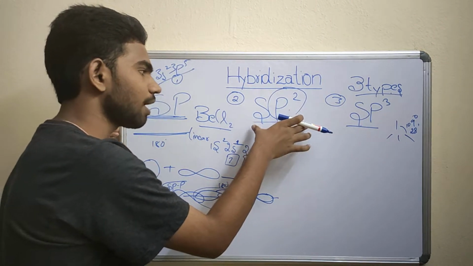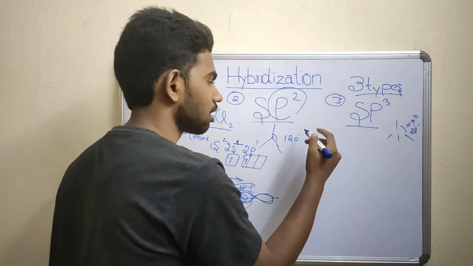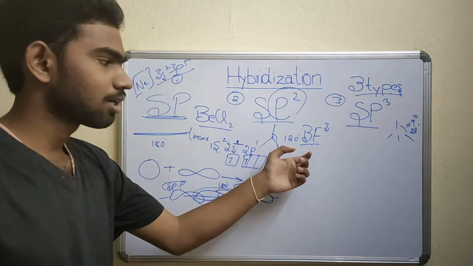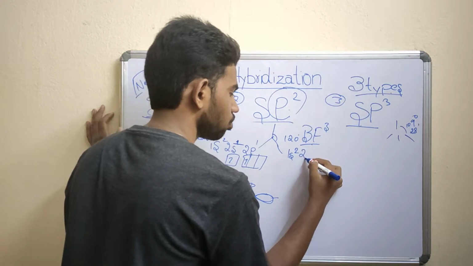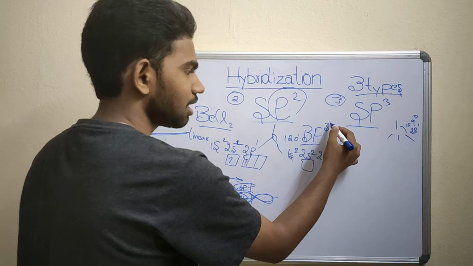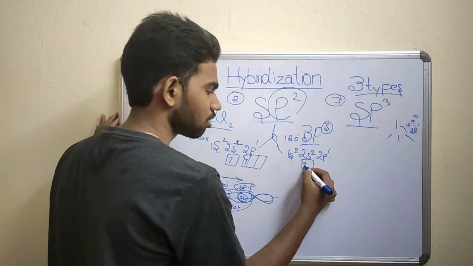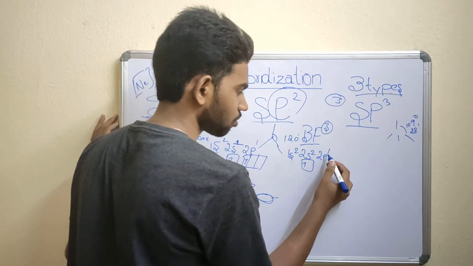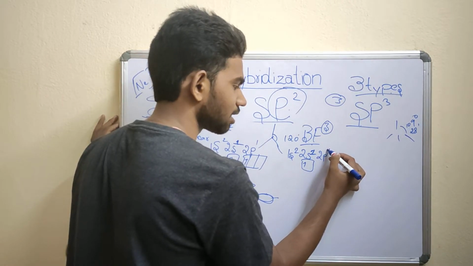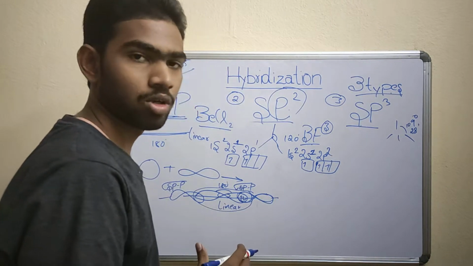When we come to sp2 hybridization, the bond angle is 120 degrees and the shape is trigonal planar. We can give BF3 as an example. Boron is 1s2 2s2 2p1. There are three fluorines, but there is only one unpaired electron. So the 2s2 gets excited and turns into 2s1 2p2, giving three electrons.